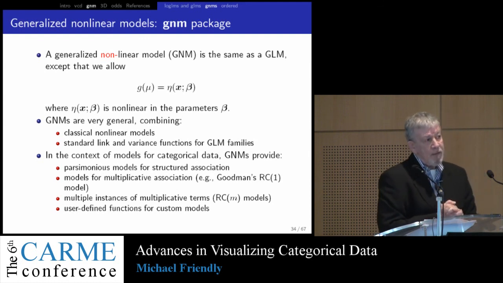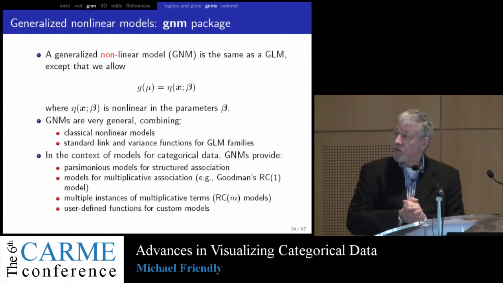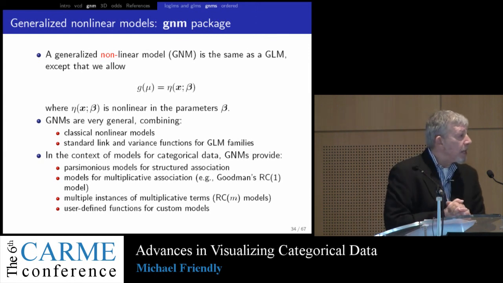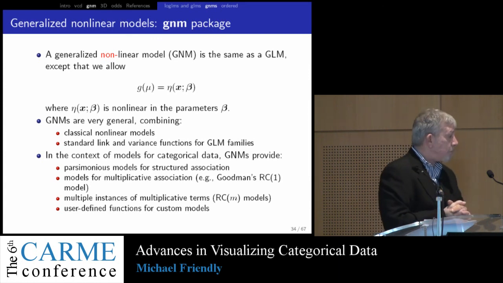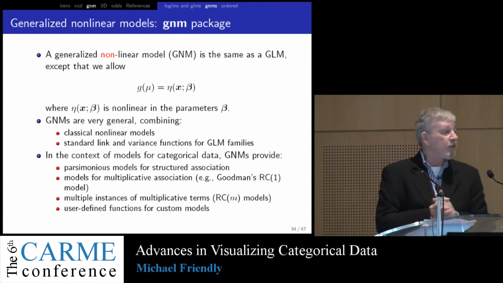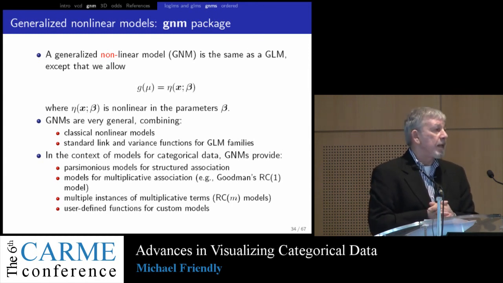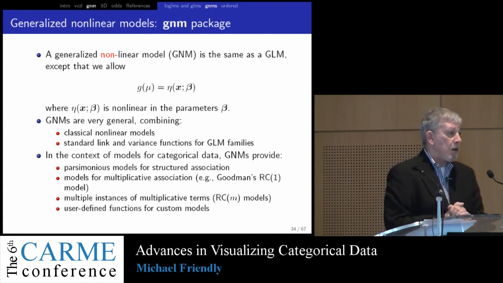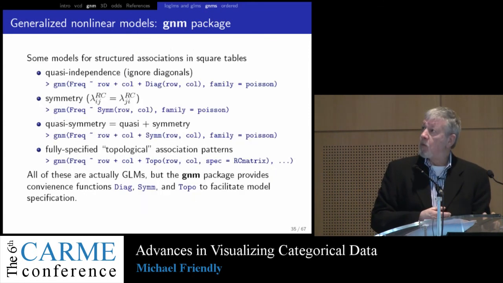So we can have simplified models for structured associations, models allowing multiplicative association, for example, the Goodman RC model, multiple instances of multiplicative terms. An RC2 model is really analogous to a biplot or has a close relationship with correspondence analysis. And one can, in fact, define their own functions.